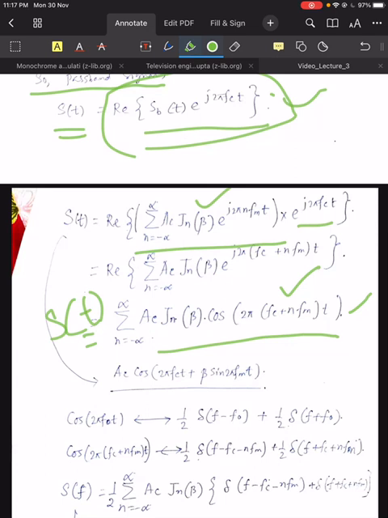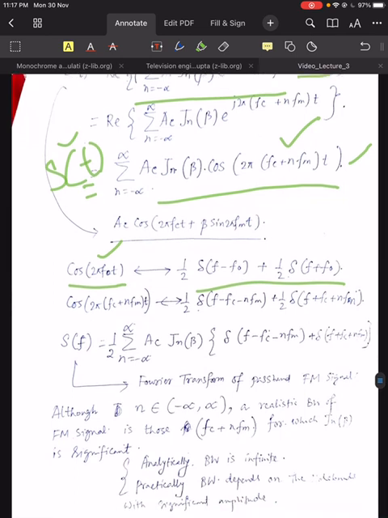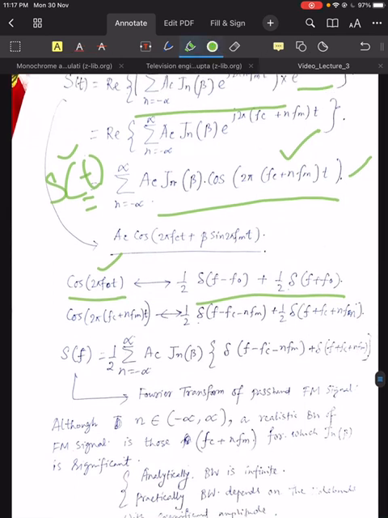Now you can find the spectrum easily, right? Using this Fourier series, you can see that s(t) comes into a form which is very easy for finding the spectrum of the signal. We know that for a cosine waveform, a continuous waveform, there is a known Fourier transform, so using the same analogy, we can find the spectrum of this s(t).